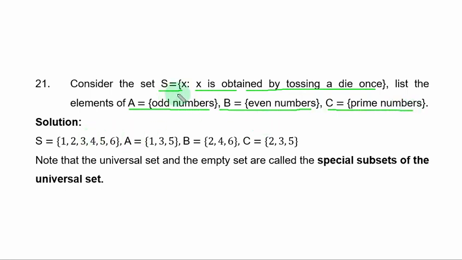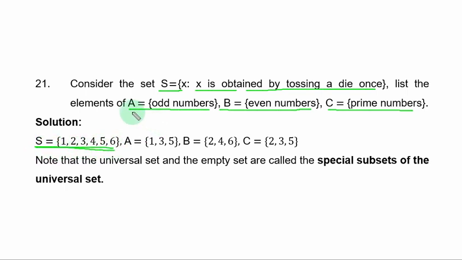Solution. From this example, S is the universal set, and it is by tossing a die once. A die has 6 sides. If you toss that die once, either 1, 2, 3, 4, 5, 6 can show up. So you have the universal set.